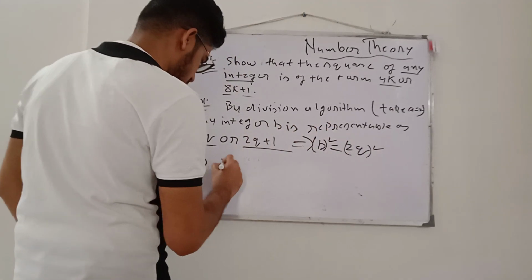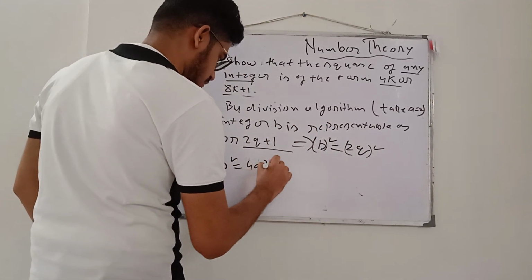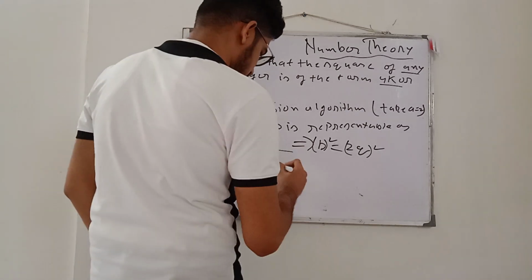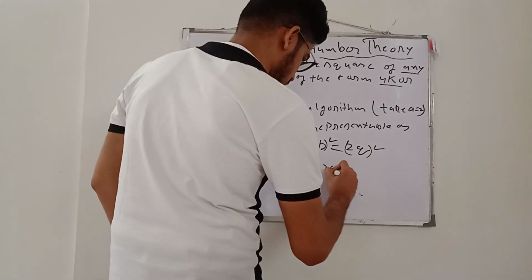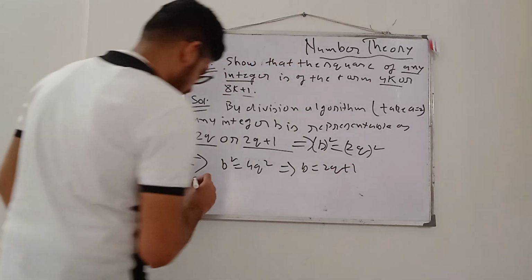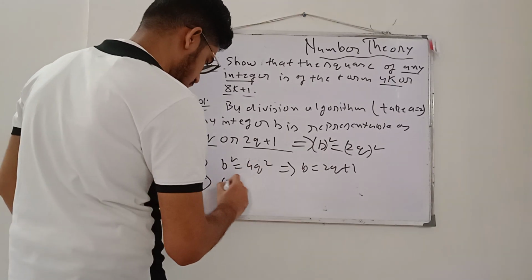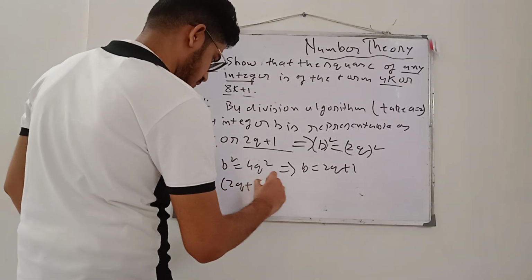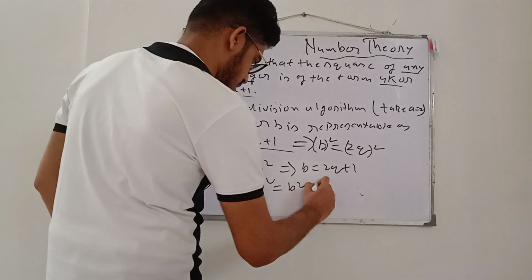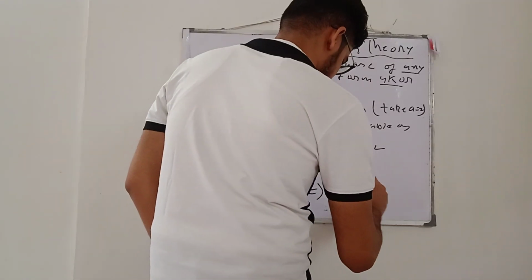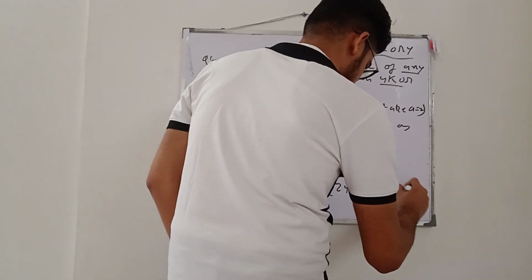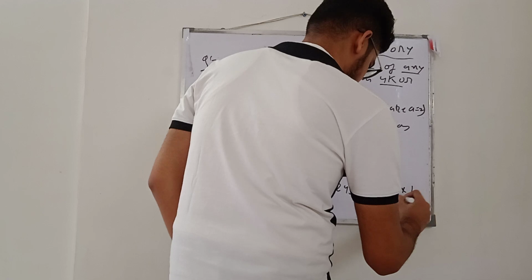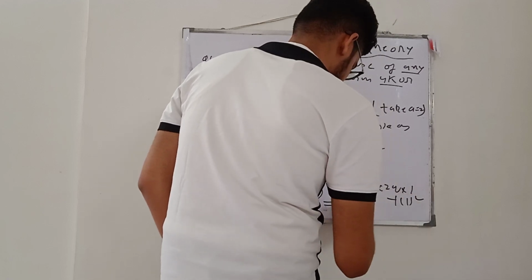So b square is equal to 4q square. And suppose b is equal to 2q plus 1, now squaring this also: 2q plus 1 whole square is equal to 2q whole square plus 2 into 2q into 1 plus 1 square, which is b square.